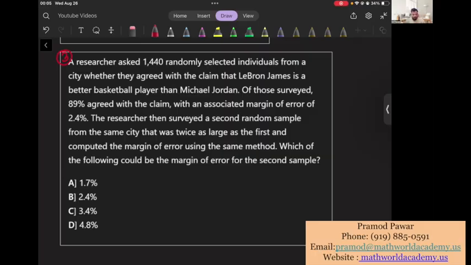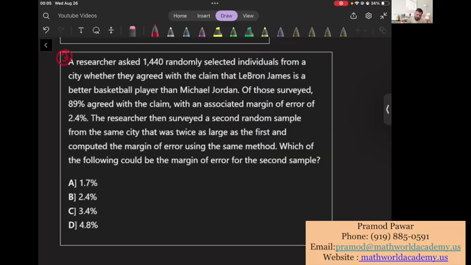Out of those, 89% agree with that claim. Okay, so 89% of the people are in favor of that claim with the associated margin of error of 2.4%. So 89% plus or minus 2.4%, that's kind of the range.